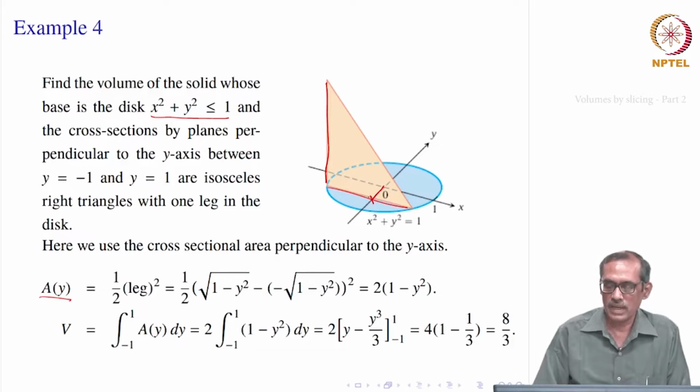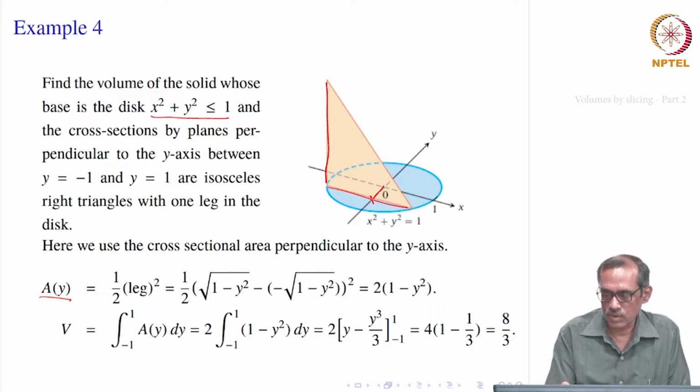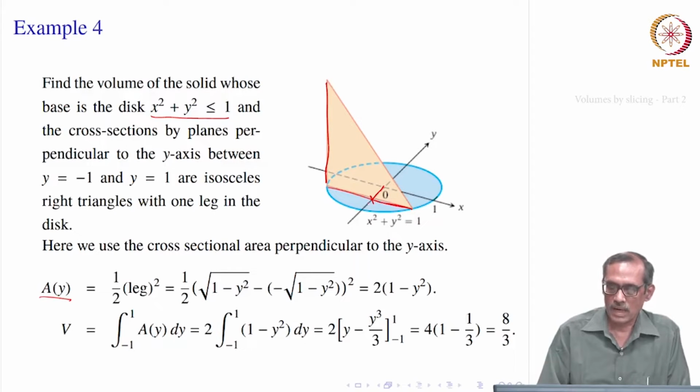The length is y, then this length will be square root of 1 minus y square, because it is in the circle x square plus y square equal to 1. So, that x coordinate will be this, and then on the other side similarly it is this length.